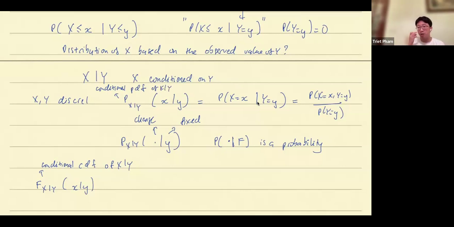It's not probability density function, okay? It's probability distribution function. But anyway, this is going to be the sum of all values less than n of the conditional probability. Like that.